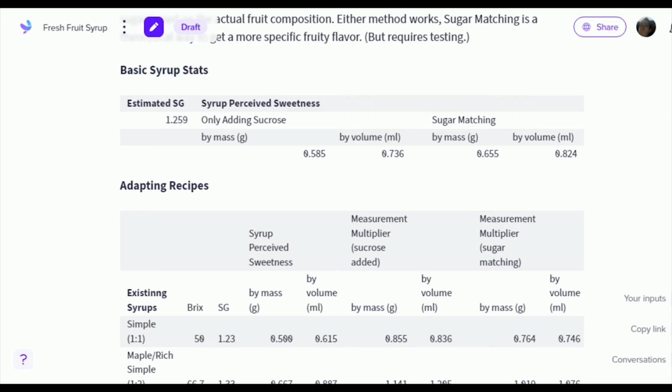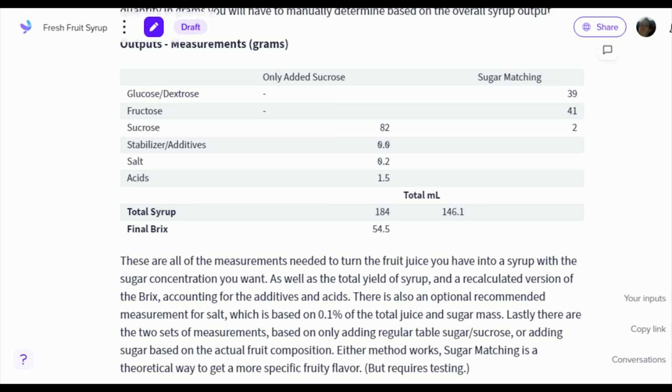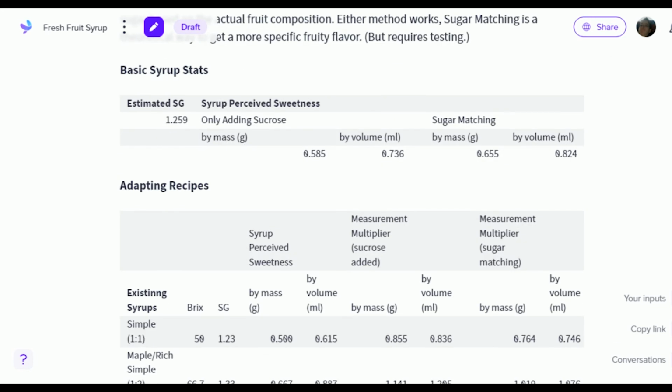And obviously, there's two sets of numbers for if you've only added regular table sugar or sucrose, or if you went for the sugar matching style recipe. Again, these are definitely estimates. This is not an exact science, as it were.